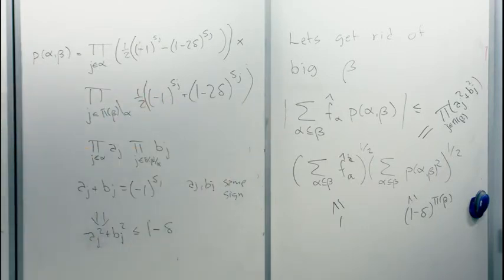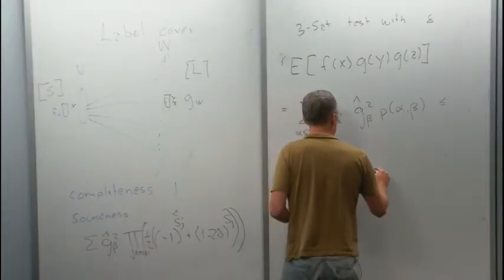You're summing over all alphas the product of g and alpha, subset of some set here, phi of beta.